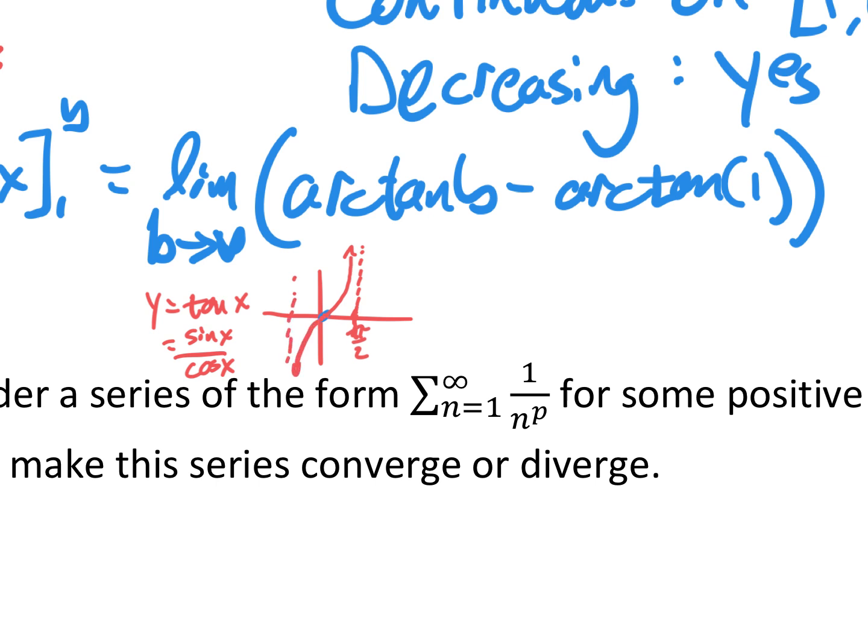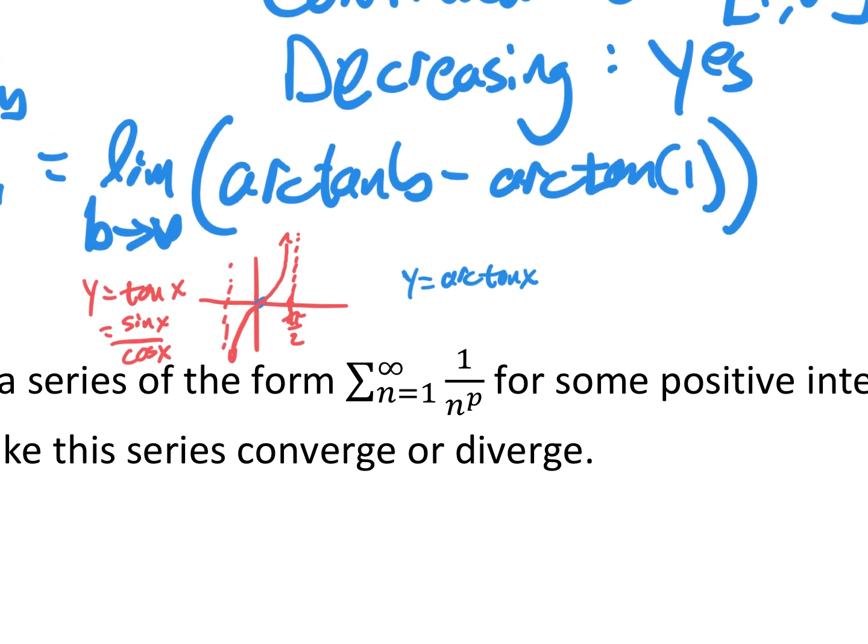Okay, well, the graph of y equals arctan of x is the inverse of this. So arctangent of x takes this and reverses it, and it looks like this. So as x goes to infinity here, the biggest that I can get is pi over 2, because there is no value that will get to pi over 2.